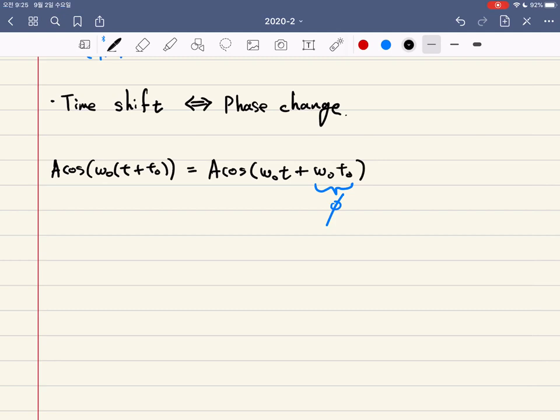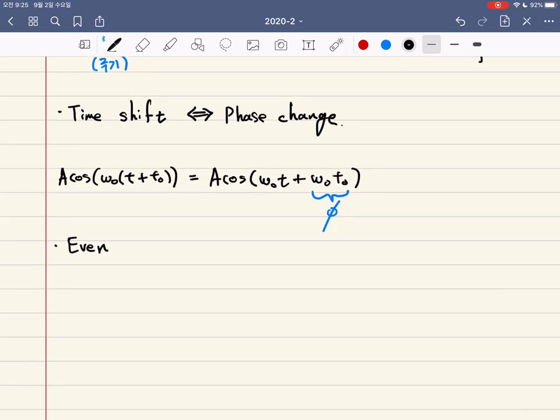With continuous time sinusoidal signals, there are some signals which are even. With our cosine signal, if you put phi as 0, then the equation becomes a times cosine omega 0 t, and this is an even function.